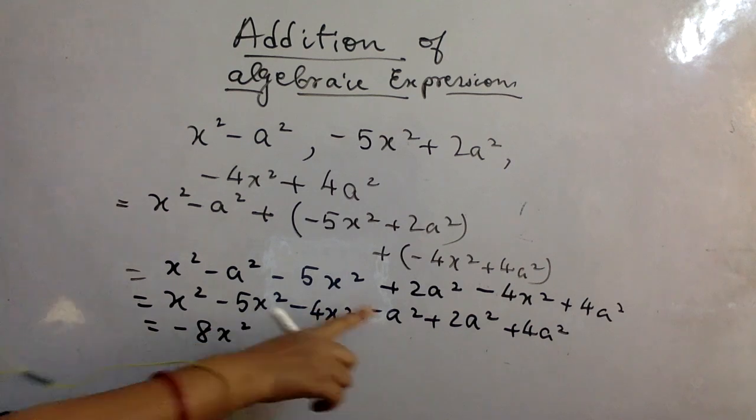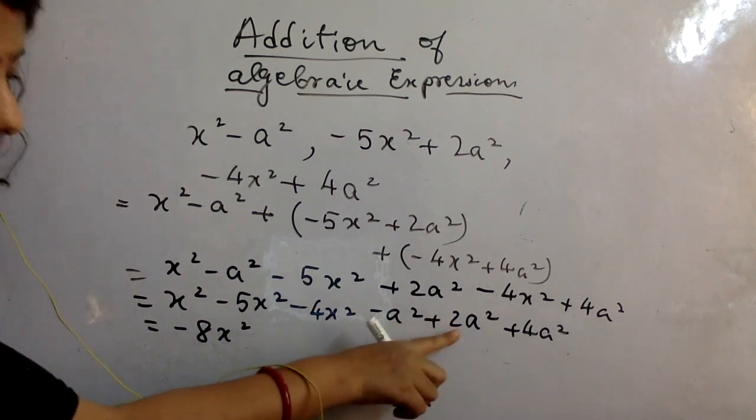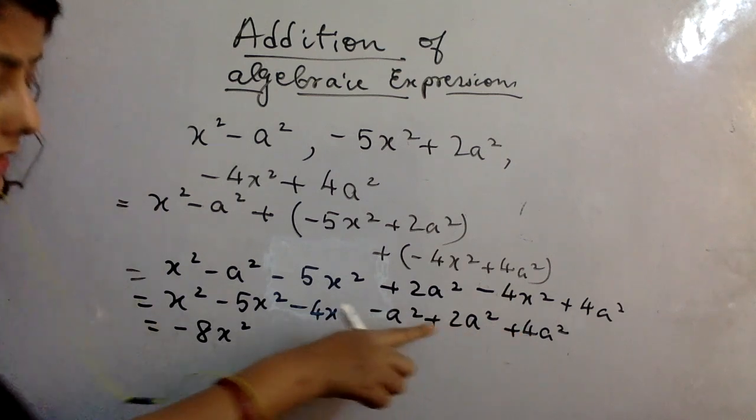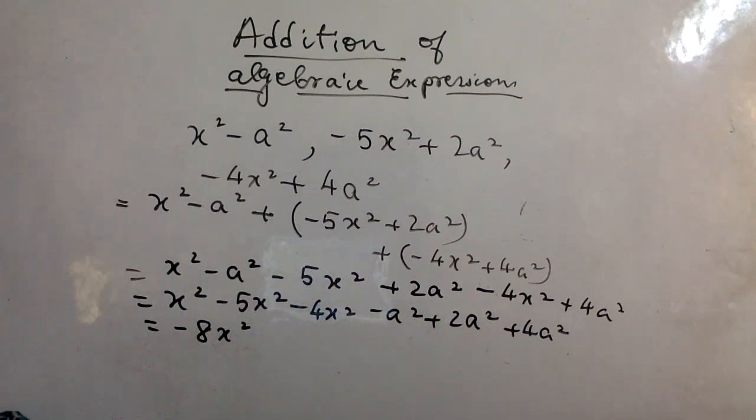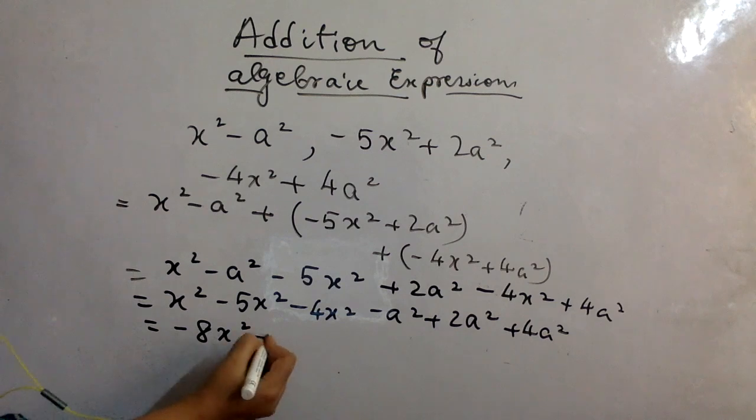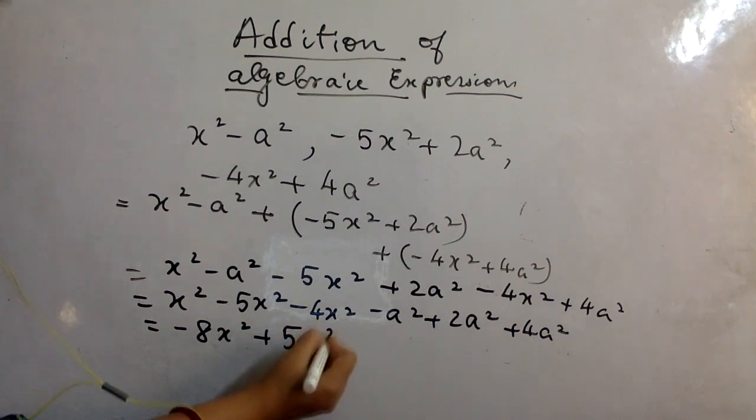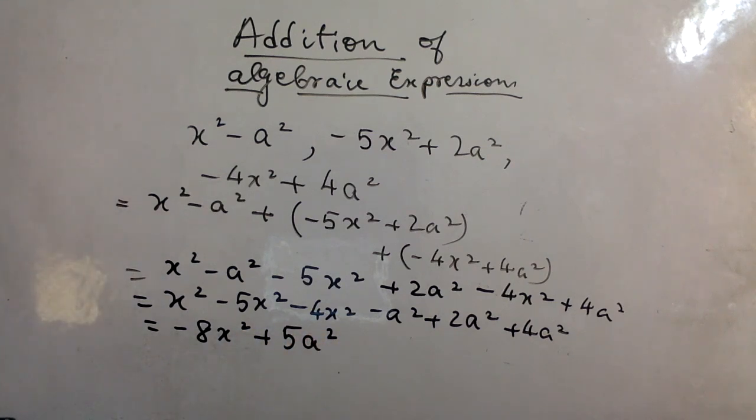And here it is 2 plus 4, 6 minus 1, which is plus 5a square. So this is how we do addition of algebraic expressions by the horizontal method.